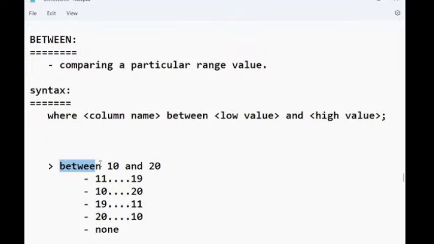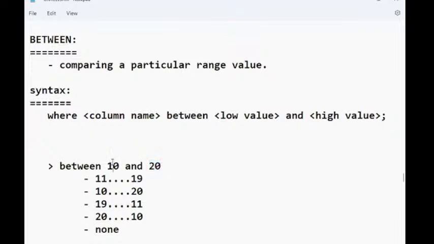Your range includes the source value and also the destination value. It includes both source and destination, not excluding. That point should always be kept in your mind.